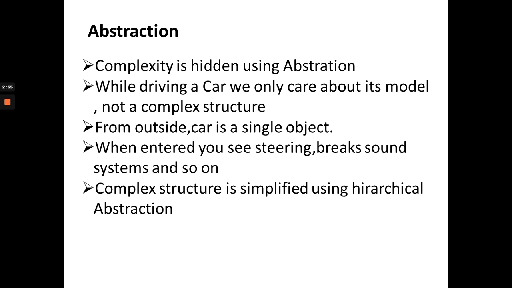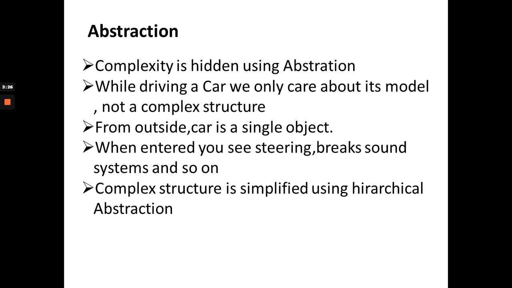Inside that, if you see the sound system, it can have a pen drive system, it can have a CD/DVD, it can have a charger for charging mobile. So in each and every object there are hierarchies. That hierarchical construction will tell you the exact inside definition of that object. So a complex structure is simplified using hierarchical abstraction.